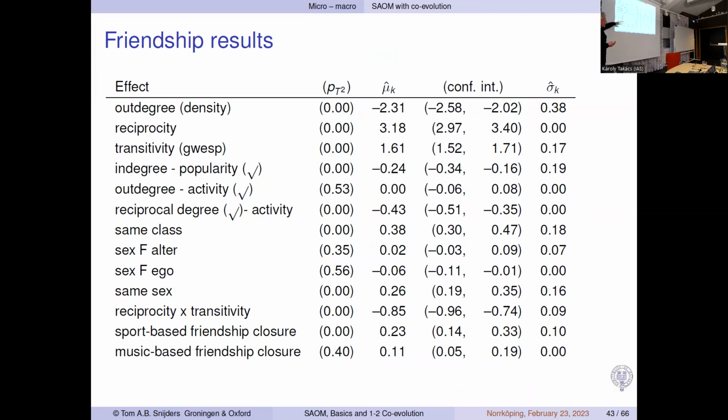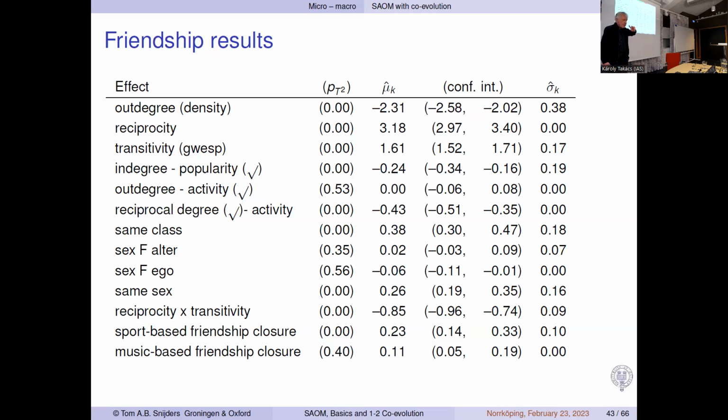This is just an example which gives you a taste of what is usual for a model for networks of this size: reciprocity, transitivity, degree-related effects, in-degree popularity. I think the nicest to explain here is reciprocal degree activity. Activity means tendency to send friendship choices.